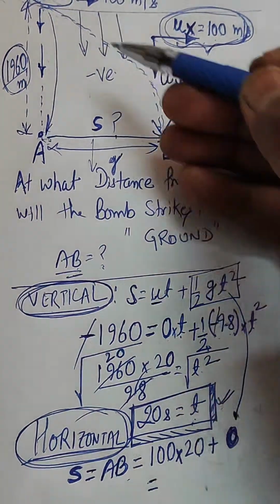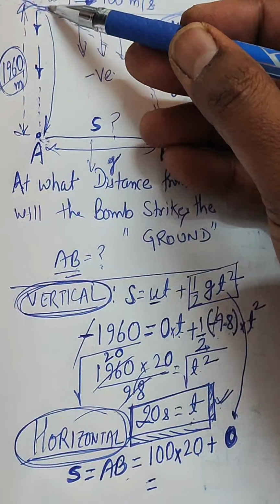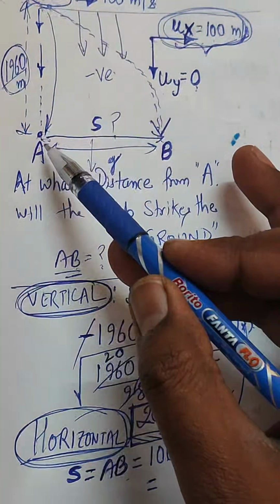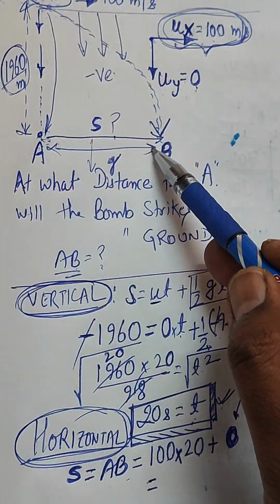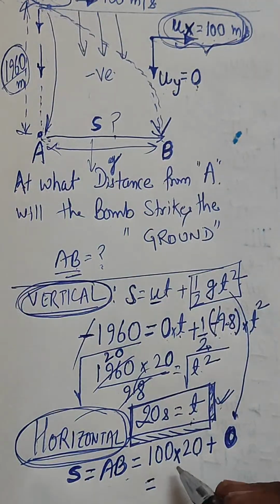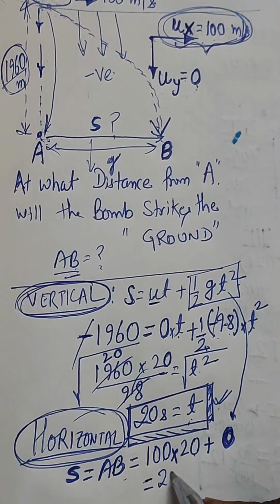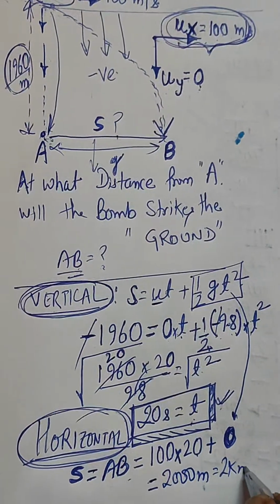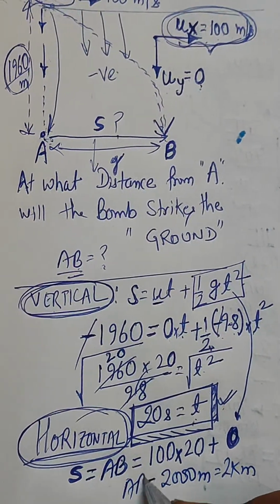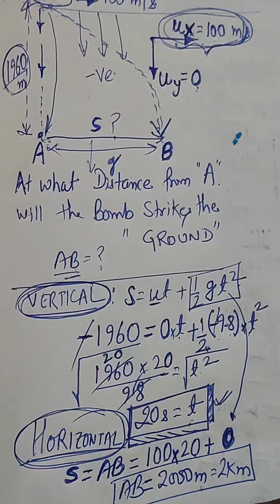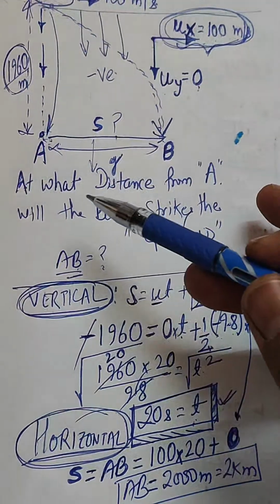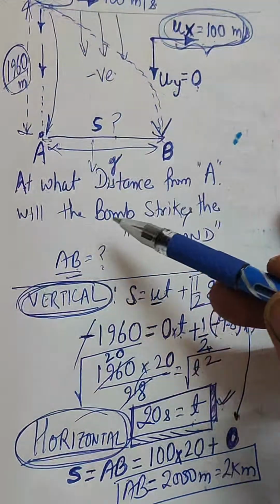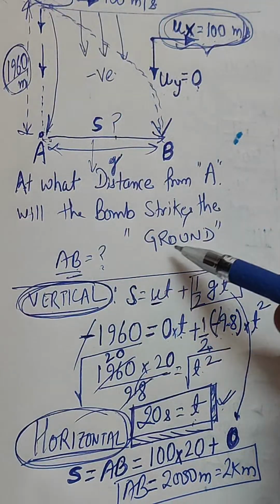So when the bomb is released from the aeroplane, it will not strike at A, it will strike 2 kilometer after A. Because 2 kilometer, that means 2000 meter, is the distance of AB. So in this way we solved our question, my dear friends. The question was: at what distance from A will the bomb strike the ground?